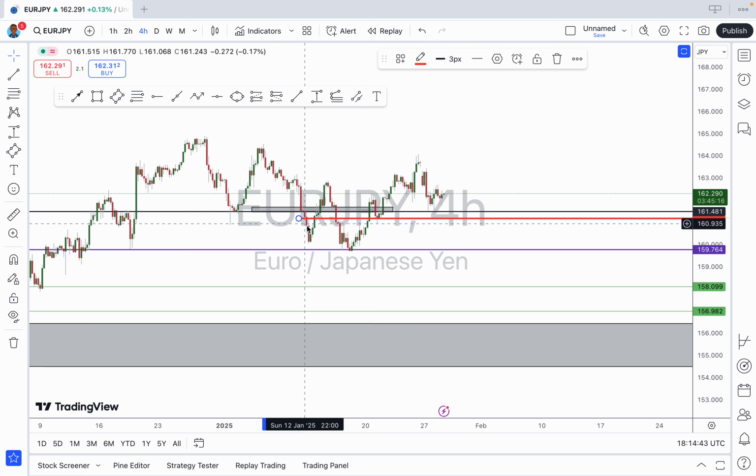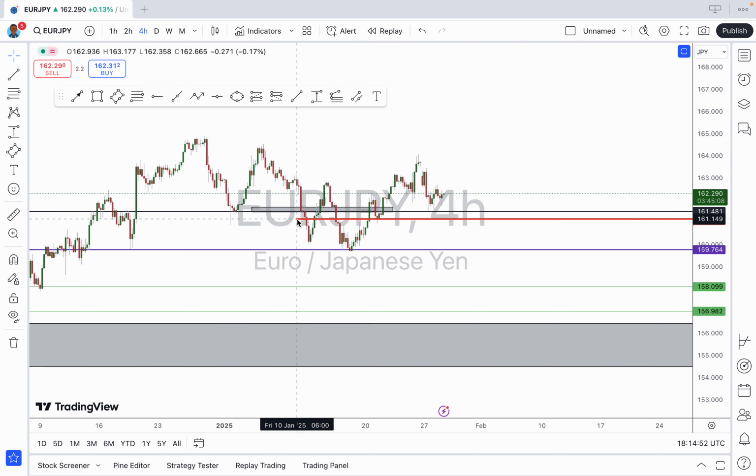Like here, if we get stopped out, we get stopped out and we move, right? Give it space, may it chop, give it space.